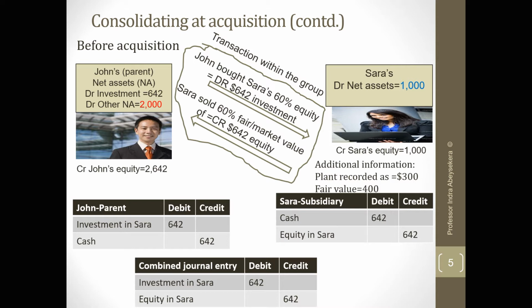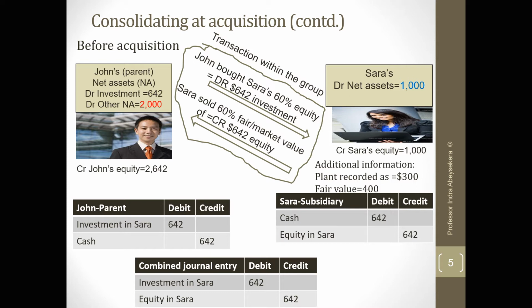But there's additional information here that on Sarah's balance sheet, plant was recorded as $300, but the fair value of the plant is $400.